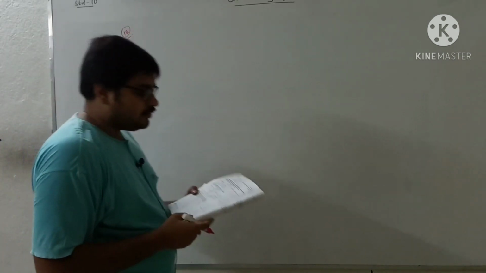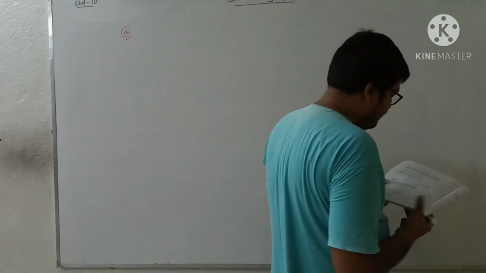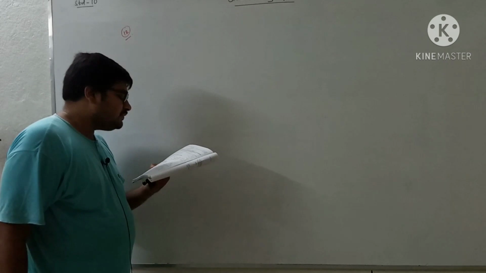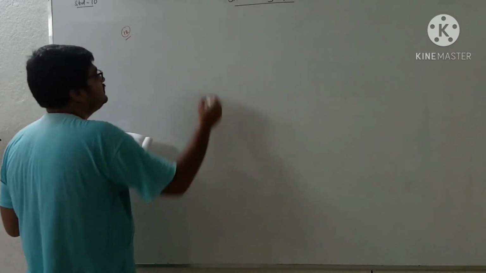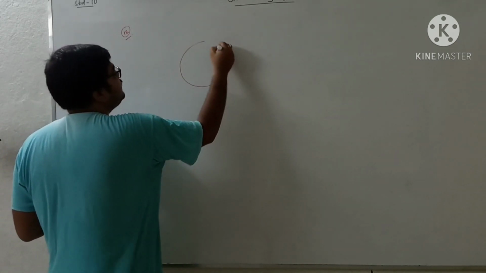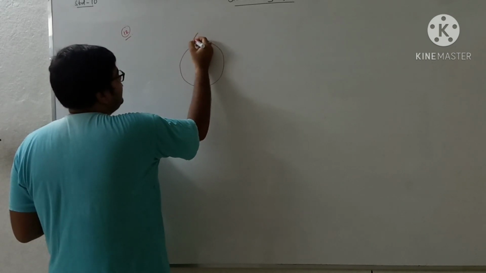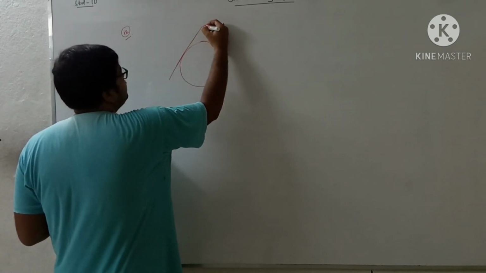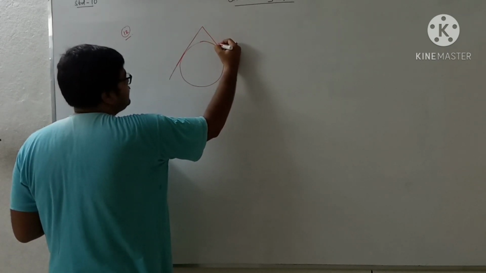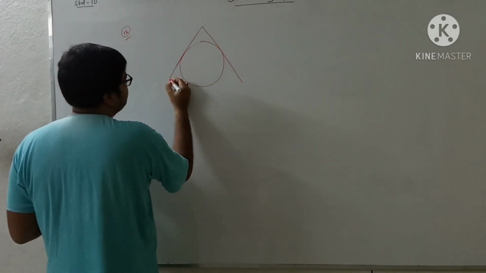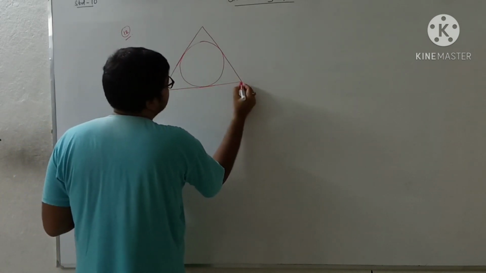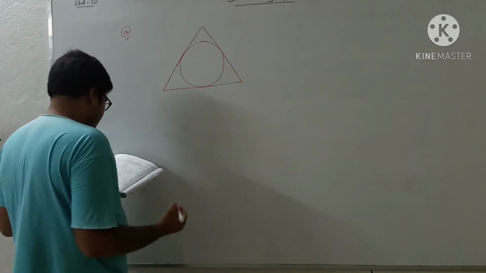So moving to our question number 12, what is the question? A triangle ABC is drawn to circumscribe a circle. So suppose this is a circle and this is a triangle which is drawn to circumscribe the circle.